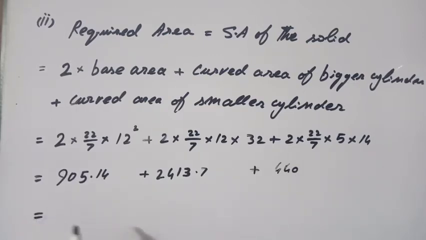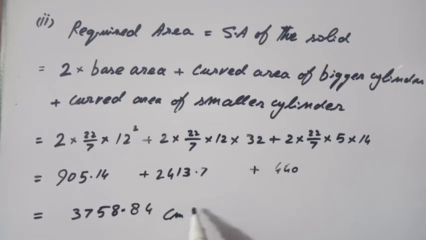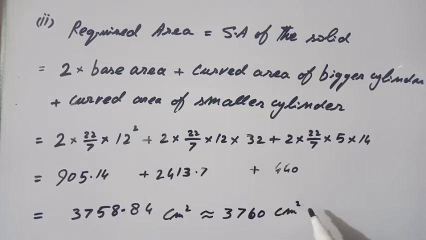Adding up all this stuff, we have got 3758.84 centimeter square, which is nearly equal to 3760 centimeter square to 3 significant figures.